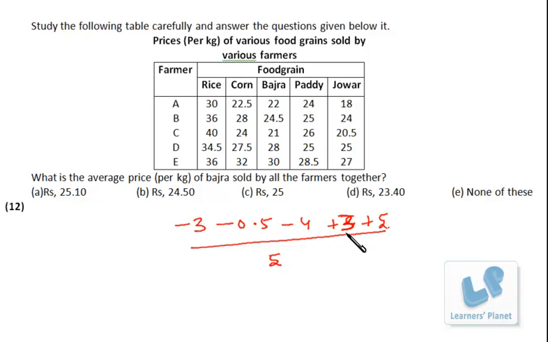Whatever calculation we get will be added to or subtracted from 25, right? So 5 minus 4.5, that is just 0.5, right? 0.5 by 5, that is 0.1. Since we are getting a positive value 0.1, just add that positive value to 25.